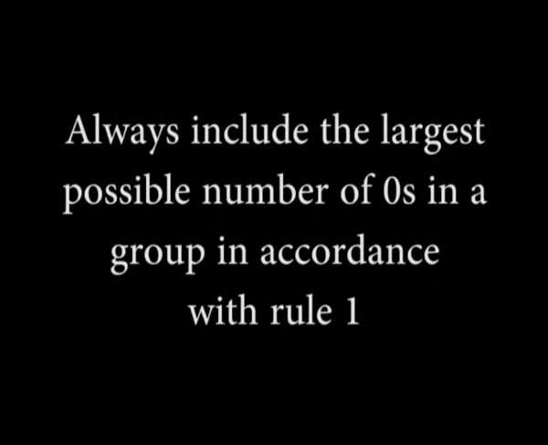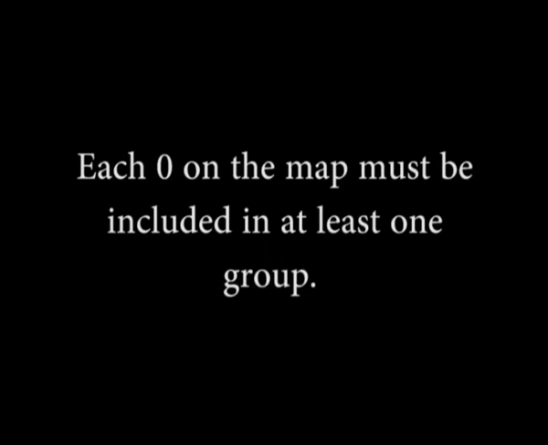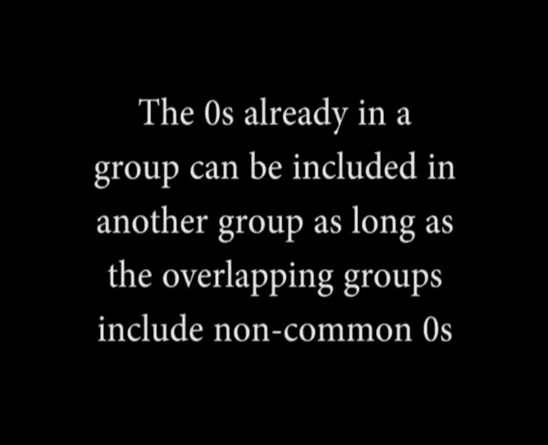Always include the largest possible number of zeros in the group in accordance with rule 1. Each 0 on the map must be included in at least one group. The zeros already in a group can be included in another group as long as the overlapping groups include non-common zeros.